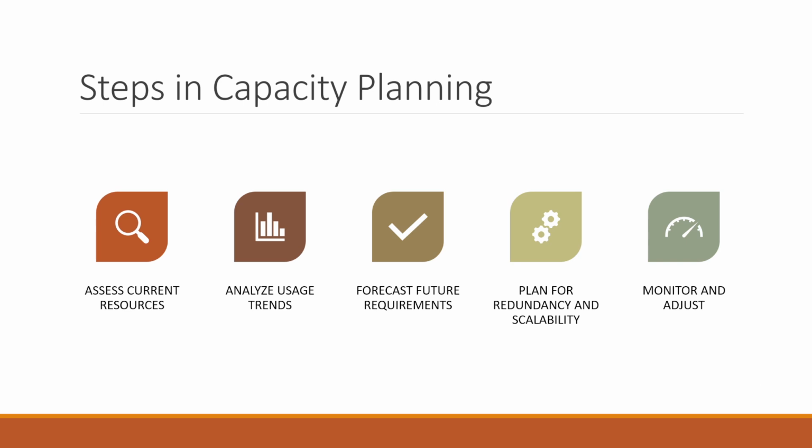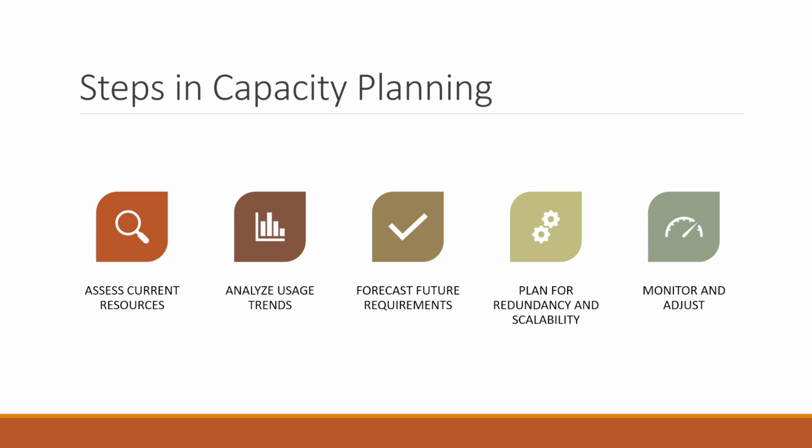So what are the steps in dealing with capacity planning? Well, first we need to assess our current resources. We need to look at the current usage of our systems, whether that's CPU, memory, or storage. This will help us start to predict the future requirements, because we need to know where we are today before we can forecast for future requirements. Then we can plan for redundancy and scalability.